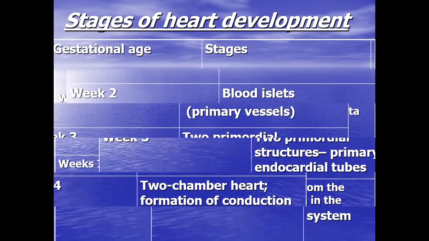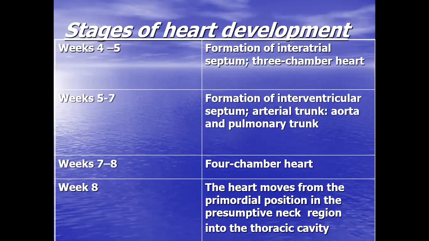Throughout the 4th, 5th week, the partitioning of the atrium begins with appearance of the interatrial septum with the oval foramen.